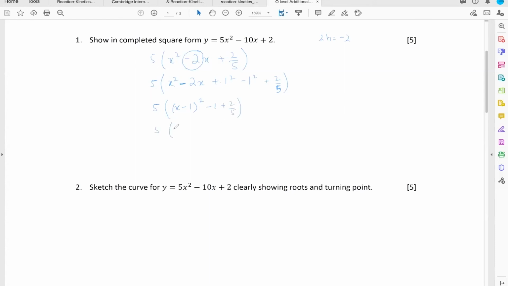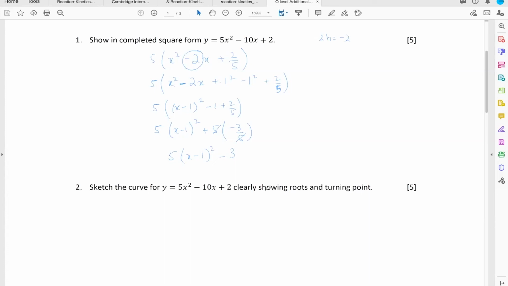So 5 times x minus 1 whole squared plus 5 times minus 1 plus 2 by 5, which is minus 3 by 5. So this cancels out and you're left with 5 times x minus 1 whole squared minus 3. Do remember that the number in the middle is 2 times h. It can also be used as a shortcut. Minus b over 2a will be h, right? So that's another way of looking at it.